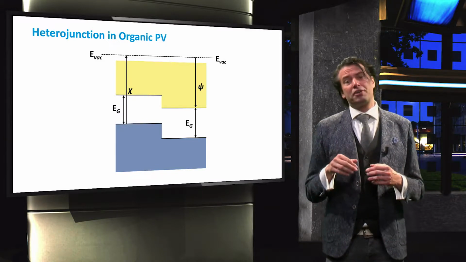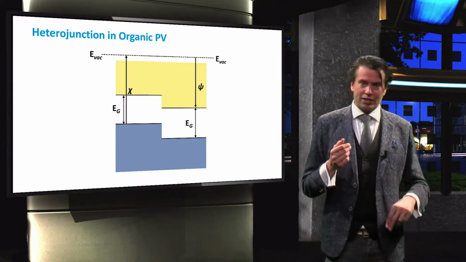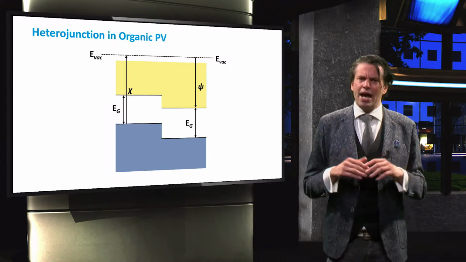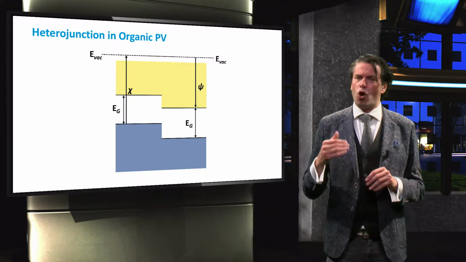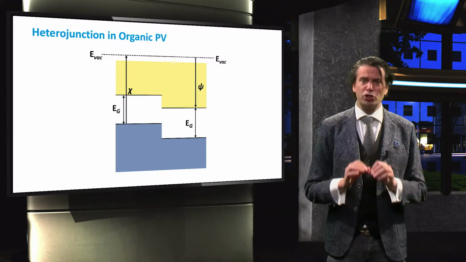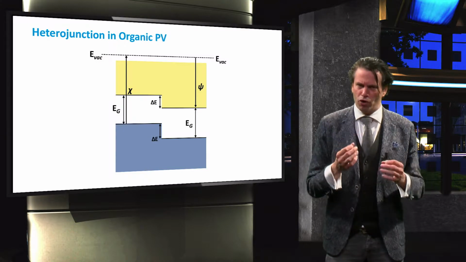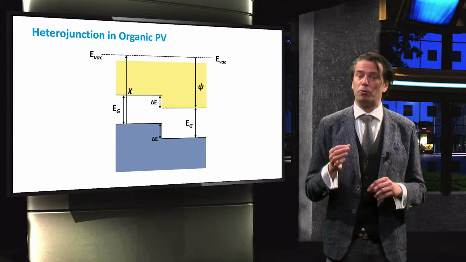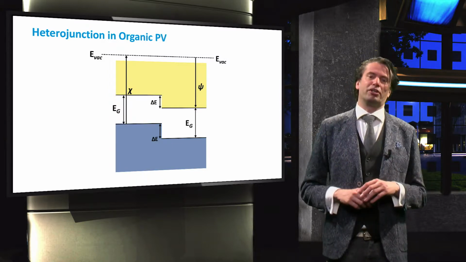When we bring together an electron donor and an electron acceptor, their vacuum levels will align and a misalignment in their HOMO and LUMO levels appears. This produces an electrostatic force at the interface, which can be very useful for the purpose of charge separation.